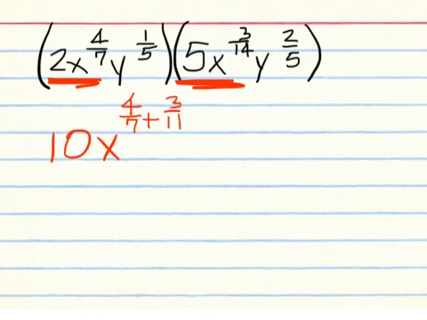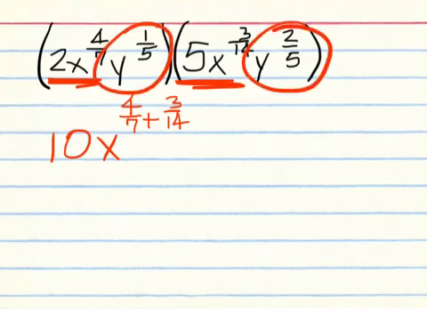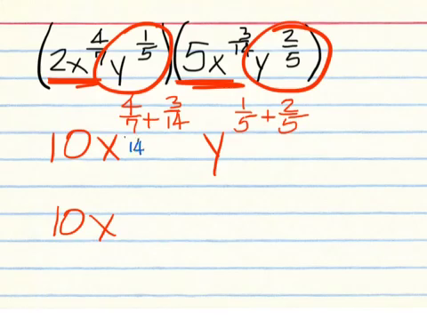4/7 plus 3/14 power, and then with the y's you have this and this, so it's y to the 1/5 plus 2/5 power. Go back and simplify that. For the 10x part, you need a common denominator, which has got to be 14.